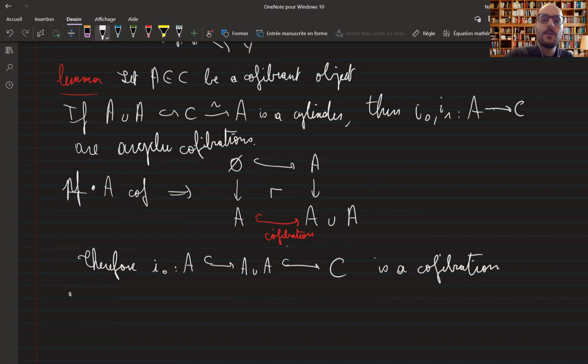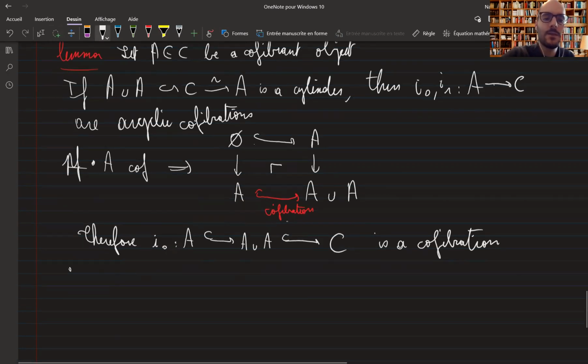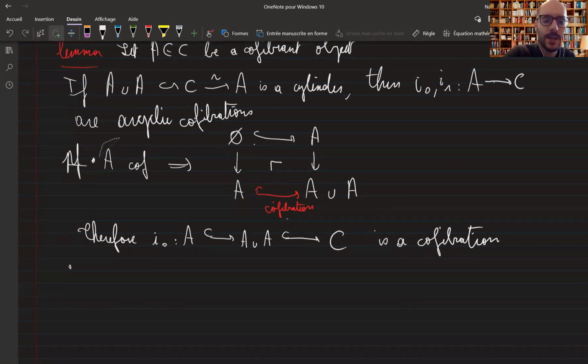All right, the second part of the lemma is that I0 is acyclic, right? That it is a weak equivalence. And this is true in general. You don't need A to be cofibrant for I0 to be a weak equivalence. Because you have a map like this. You go from A to A coproduct A, then you go to C, then you go to A back.